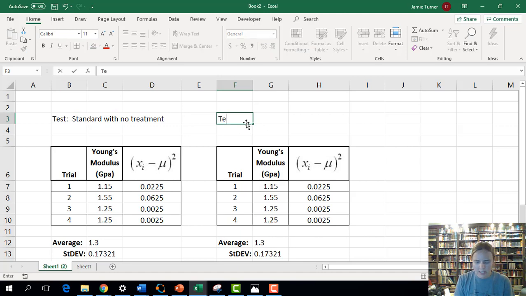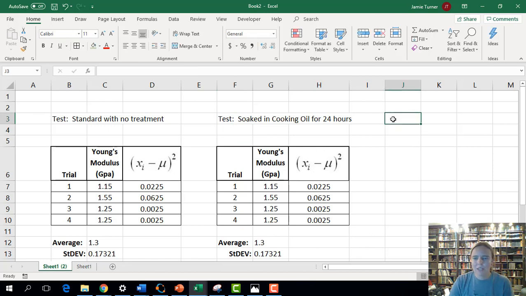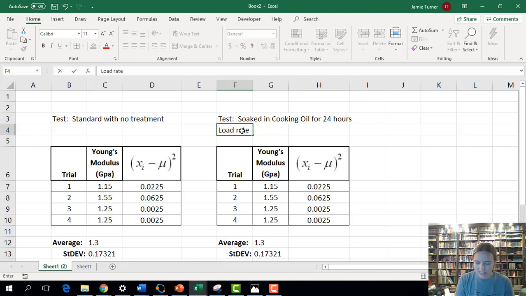And then this other one, maybe we soaked in, I don't know, cooking oil for 24 hours or something. So you want to give some details in there, like the time that it was soaking in there, and then maybe you have another test where you cooked it in the oven. But give some details for maybe the loading rate.